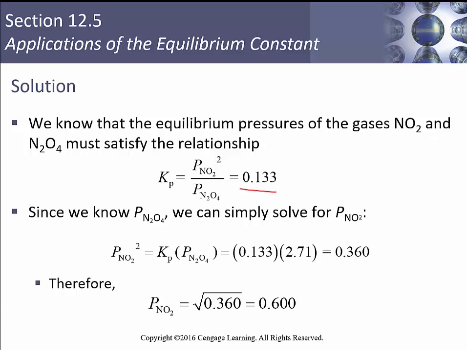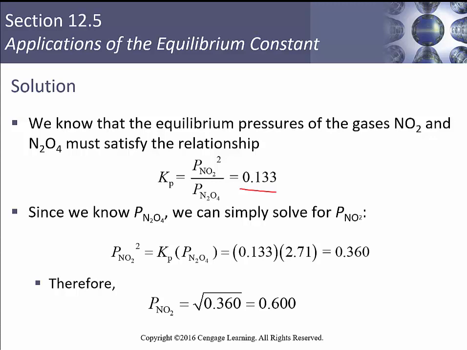Right? We're going to rearrange it. We're going to multiply each side by the partial pressure of the N2O4, and we're going to divide each side by 0.133. So the partial pressure of the NO2 squared is going to be Kp times the pressure of the N2O4.